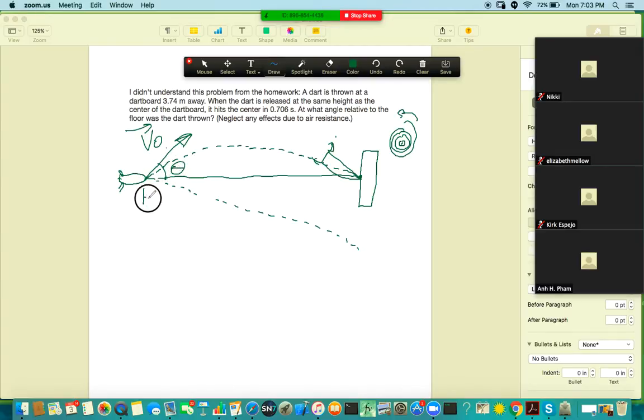So what do you know? What is being given is this distance, right? 3.74 meters away, and it's given the time that it takes the dart to hit the bullseye, which is that much.